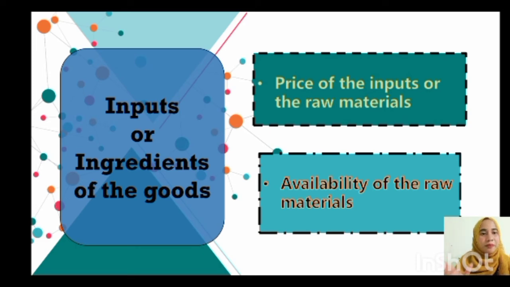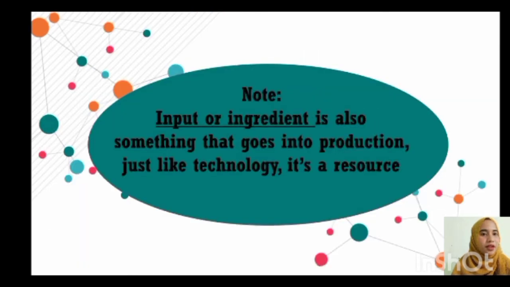If we consider the price and the availability of these raw materials, what will happen to our supply curve, no? Note, the input, or the ingredient, is also something that goes into production. So that is the raw materials that will be used to produce the goods, just like technology. So it's a resource.